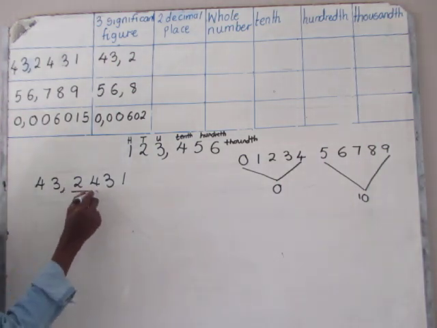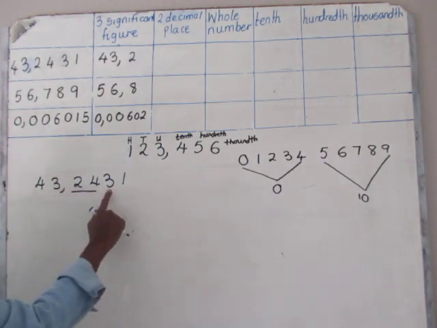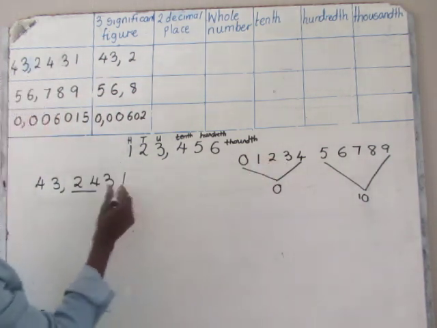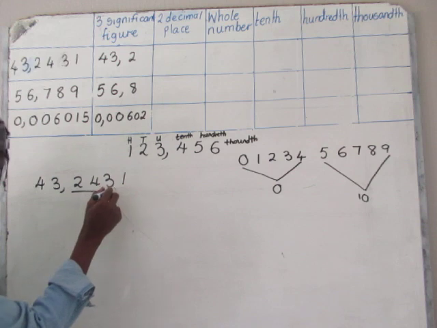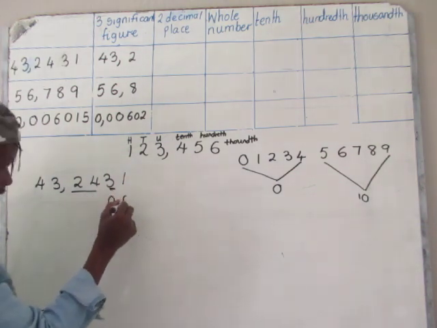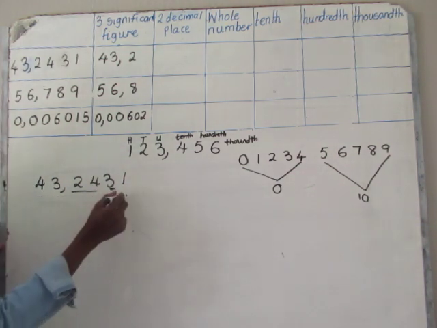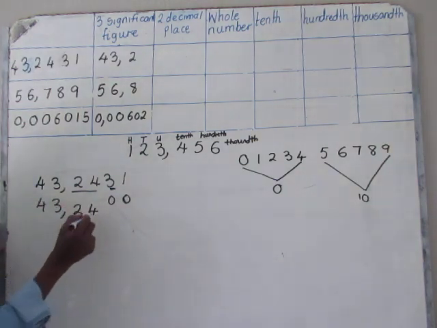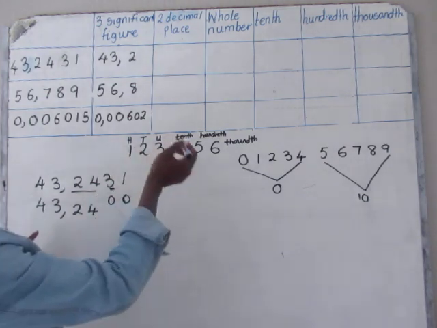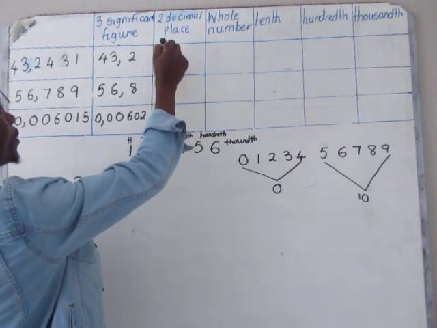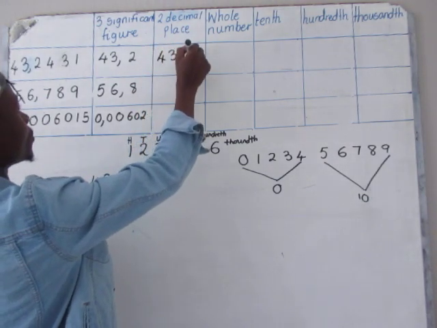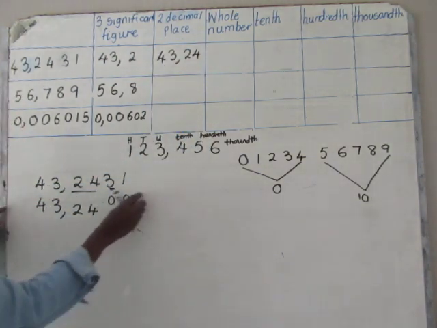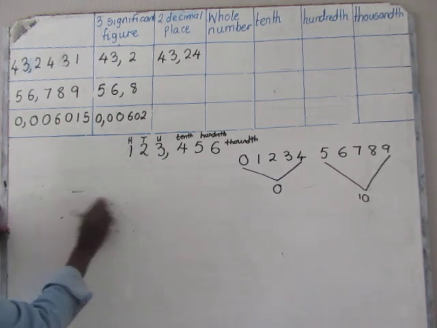We only need these 2 numbers. So we ask about 3. Will 3 round up or down? 3 obviously is going to round down to 0. So my final answer is going to be 43.24. We only need 2 numbers after the comma.